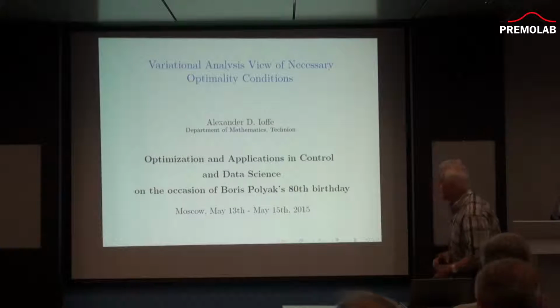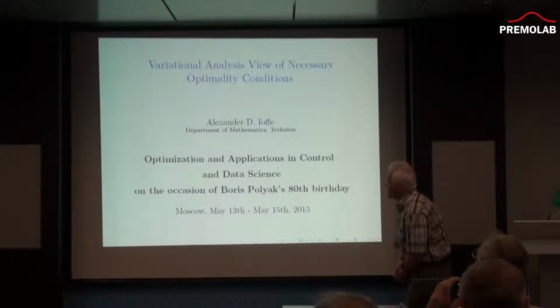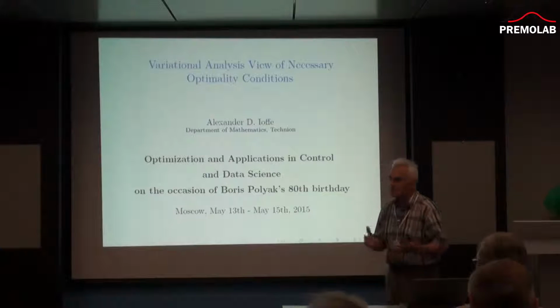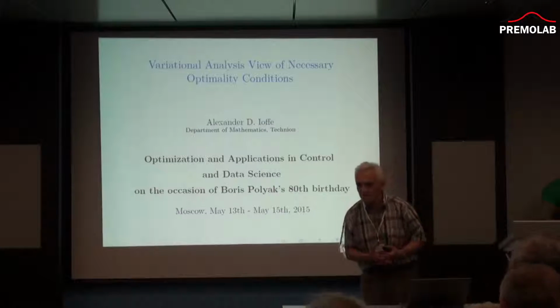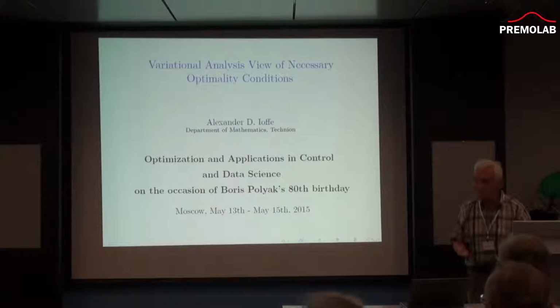Okay, so variation analysis. What is variation analysis? I admit that some people here are not acquainted with this term, and I just want to say a few words about that.